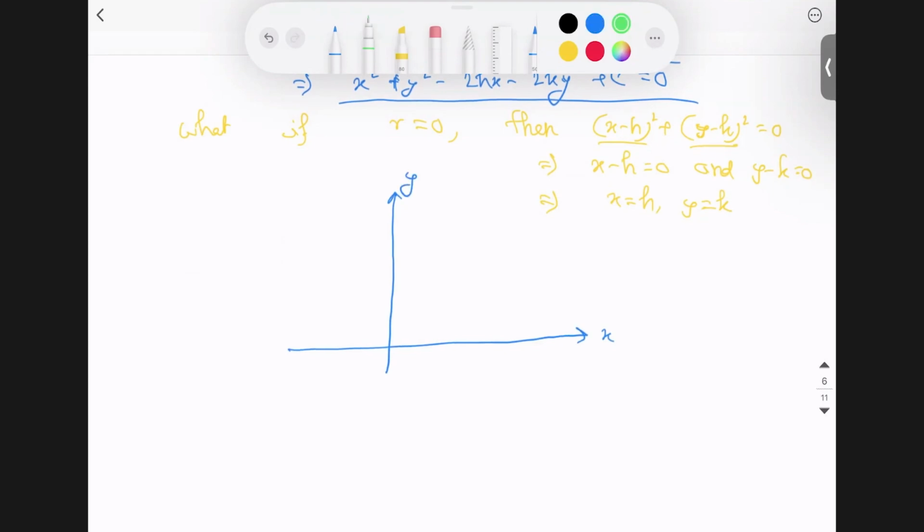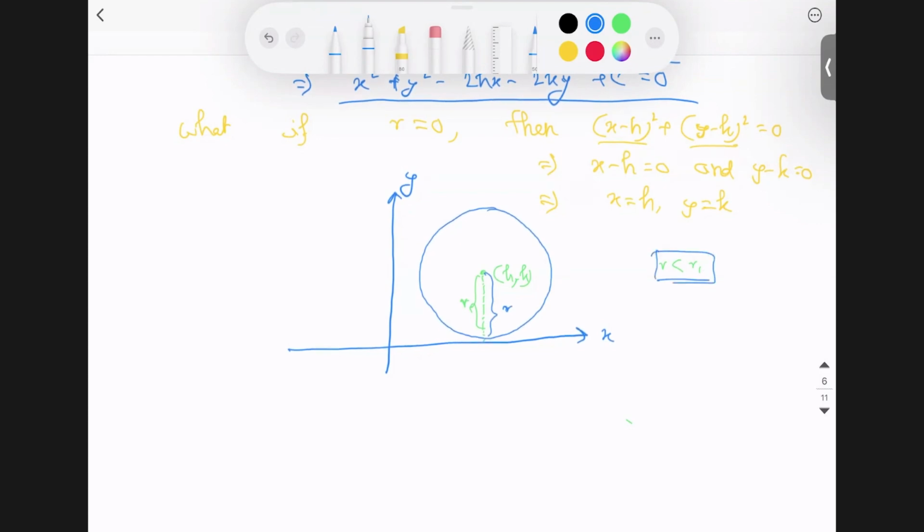Now the center of the circle will be like this, maybe (h, k), and the radius of the circle, suppose, is less than this distance. Maybe this is some distance r1. Suppose r is less than r1, then obviously the circle will be like this, since r is much less than r1, as we have assumed here.